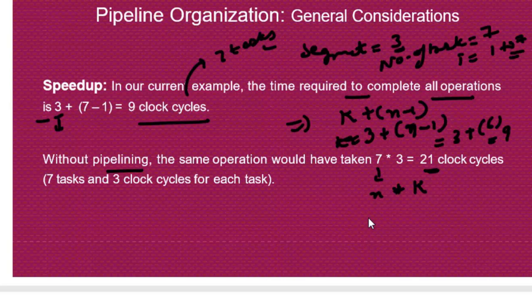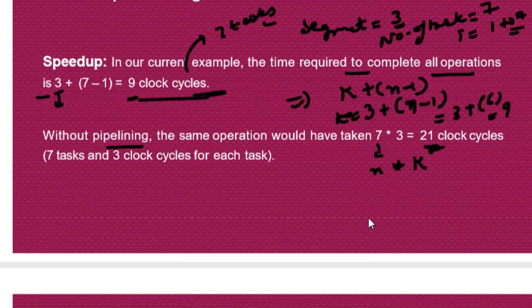The clock cycles in the non-pipeline structure are 21, while using the pipeline organization, the clock cycles required to perform the same number of tasks is only 9. So this is the difference between the speed up metrics while using pipeline and non-pipeline systems.